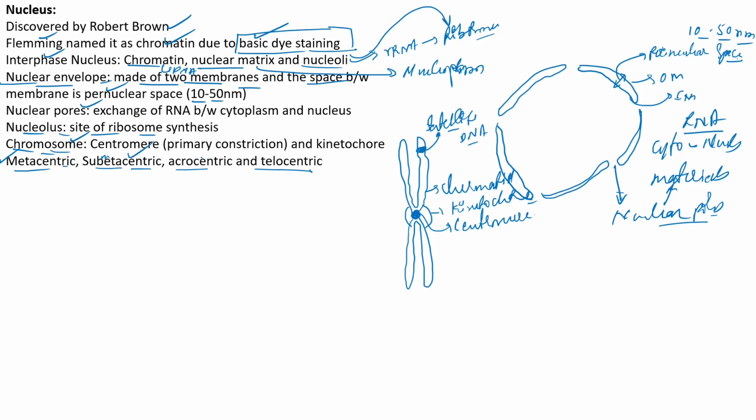If it is near to terminal, in this particular way, right? If it is in this particular way, we call it acrocentric. If it is completely at the terminal, then we call it telocentric, right?